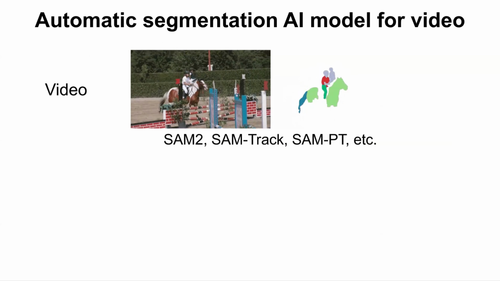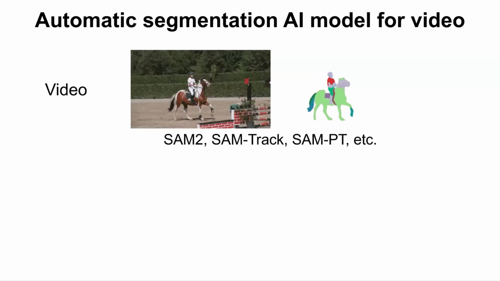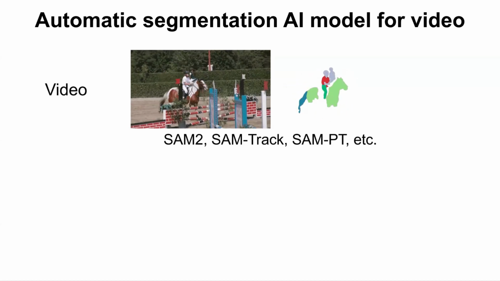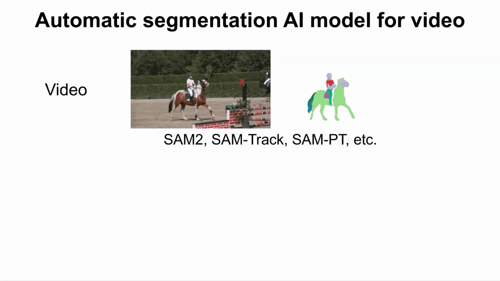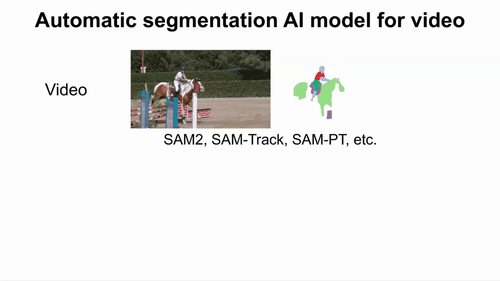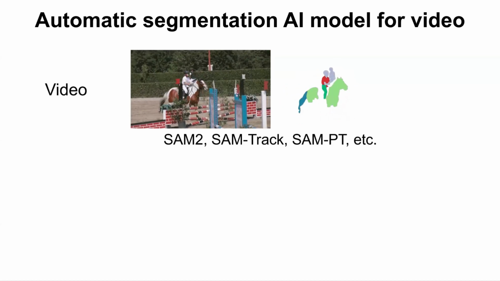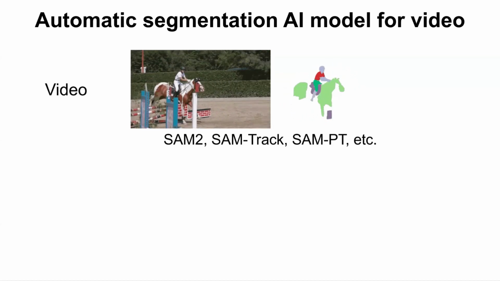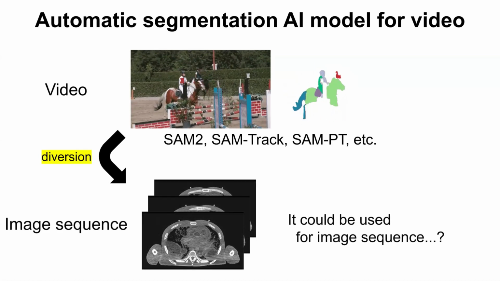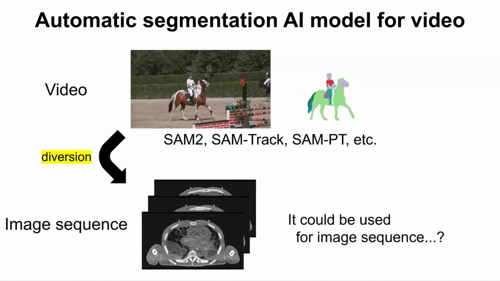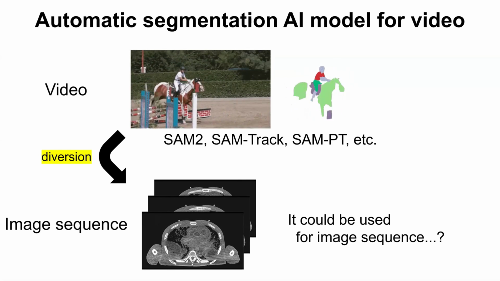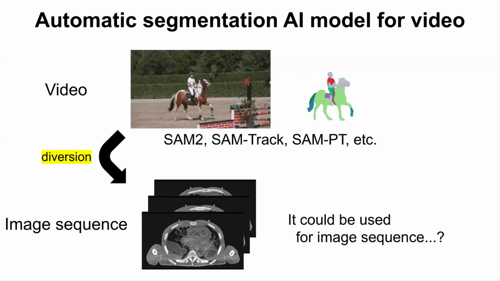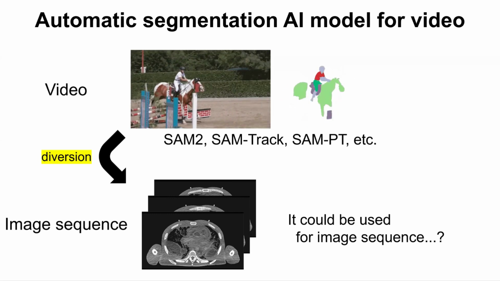To begin with, videos are essentially a series of images. By having a series of images that are similar but slightly different, and having these images follow one after another in chronological order, you can create data that looks like it's moving. And image sequences are similar in this way too. In the case of an image sequence that cuts through the cross-section of a three-dimensional structure, the images that are next to each other are very similar, but they also differ slightly.